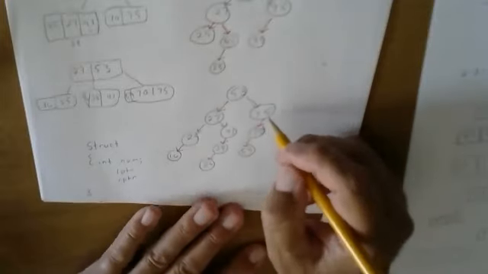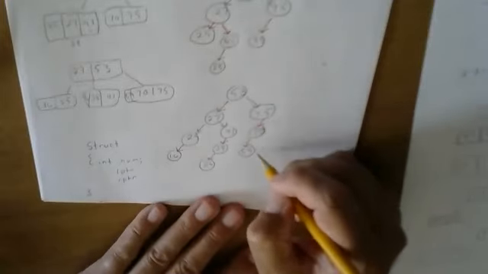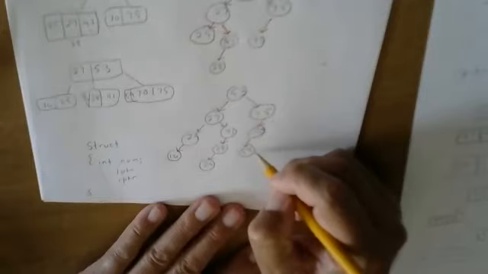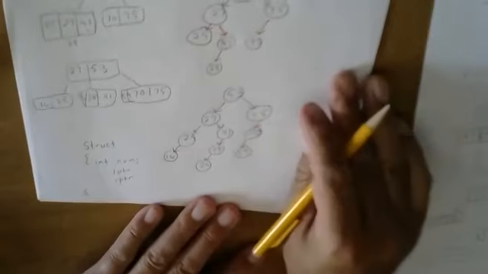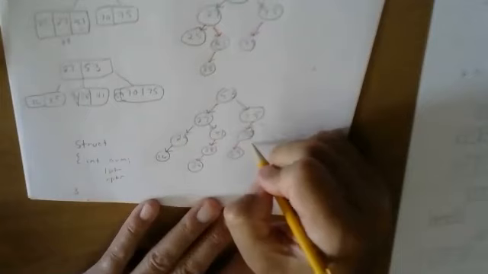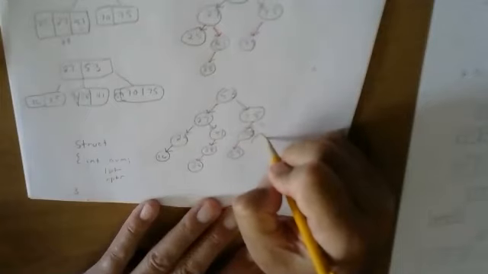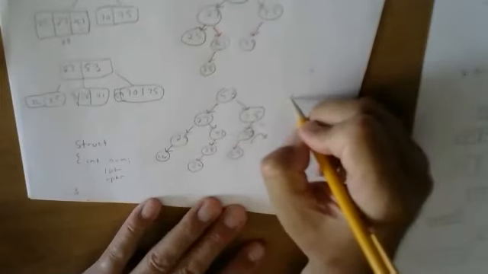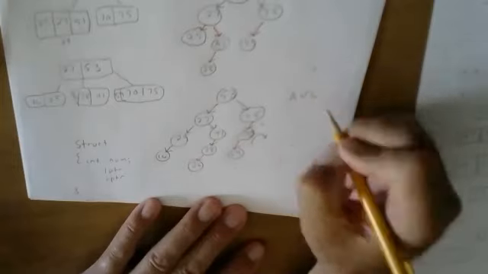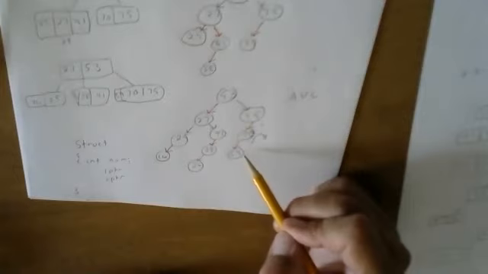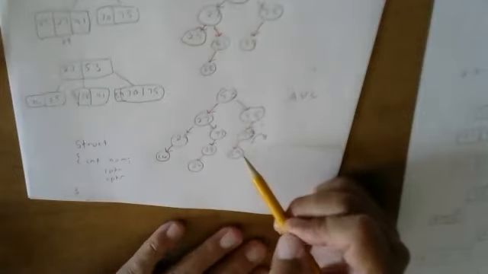So up here, when I did the 75, I had a right and a right to 59. Something should have happened. Guess what should have happened? AVL. What should have happened when I got these 2 reds in a row? Because that's always where my problem is.